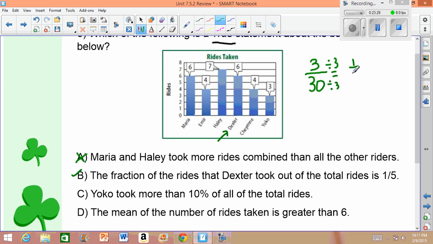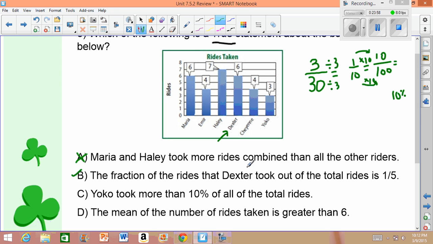And I get 1/10. Well, 1 out of 10, remember, percent means out of 100. So let's make that into a percent. So we can multiply by 10 on the bottom. And we can multiply by 10 on the top. And so that gives us 10 out of 100, which is exactly 10%.